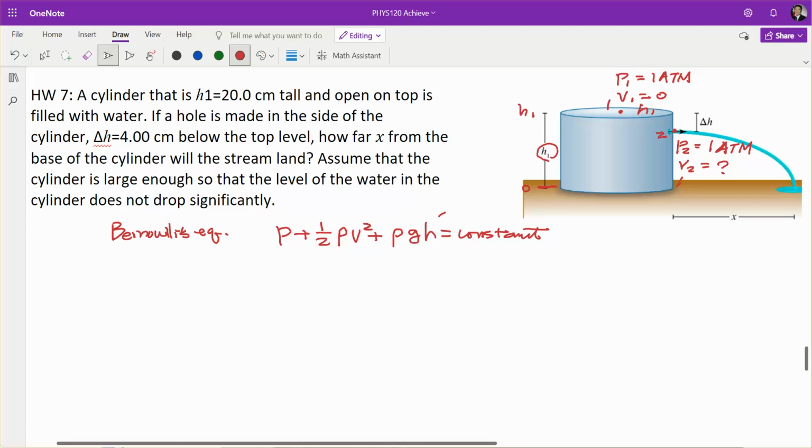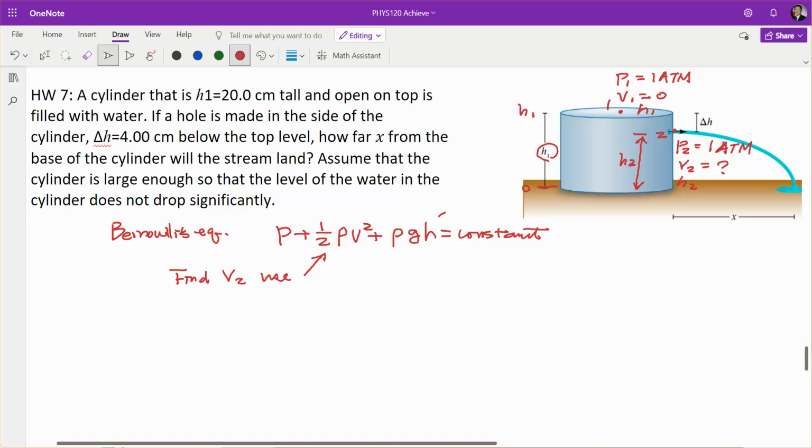The height of point 2 is different. So what is h2? h2 is the height from here to here. You put all these things into this equation, and what you need to do is find your v, v sub 2.